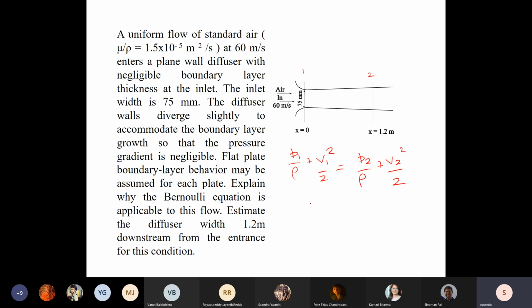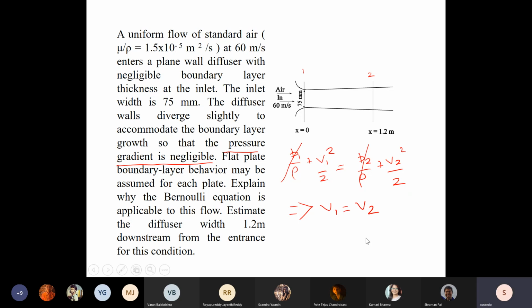As per the statement of the problem, since the pressure gradient is negligible, I would be able to say that P1 equals P2, which would give rise to V1 equals V2. That's the first thing that one should be able to write.